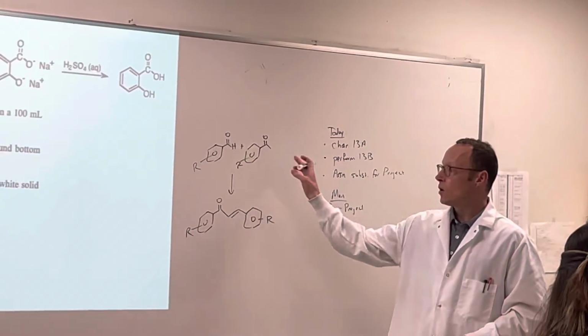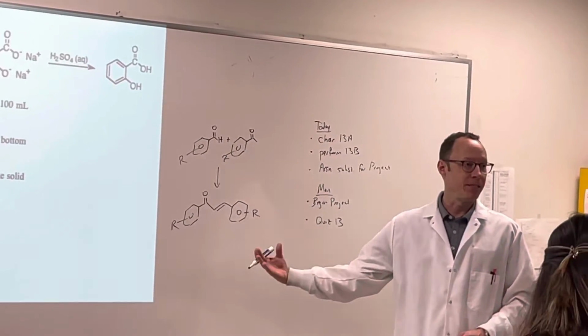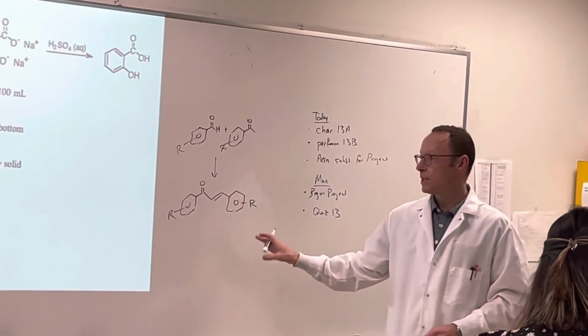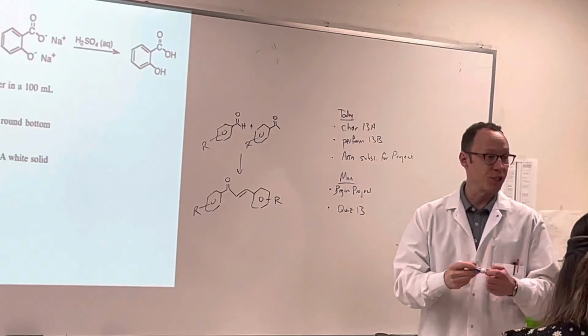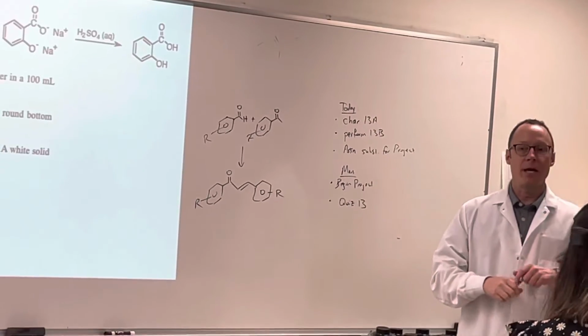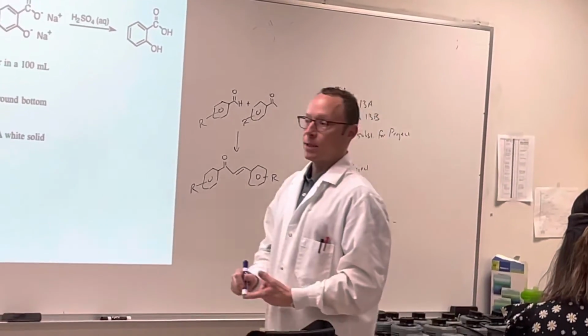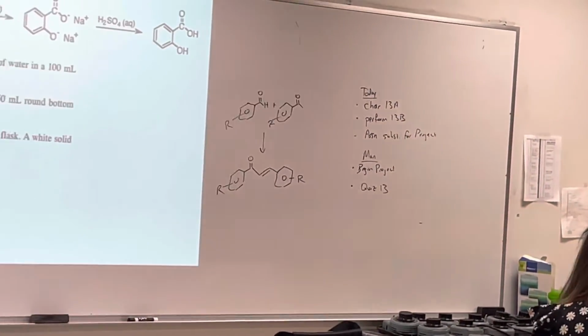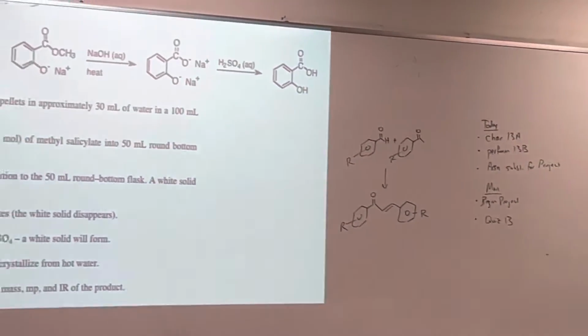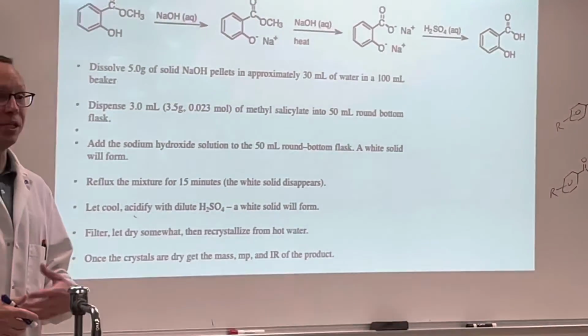Depending on the R groups that were on the aldehyde and ketone that the starting material is going to be, it's going to give you a different chalcone. And because everybody's starting with something different, everybody's making their own unique chalcone, you're going to end up running into your own unique issues.